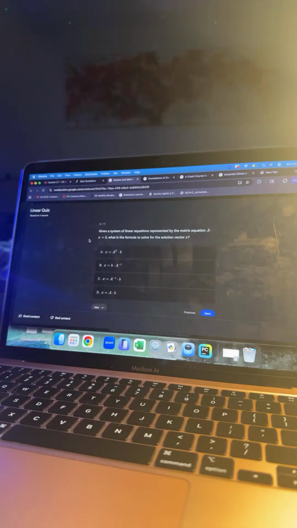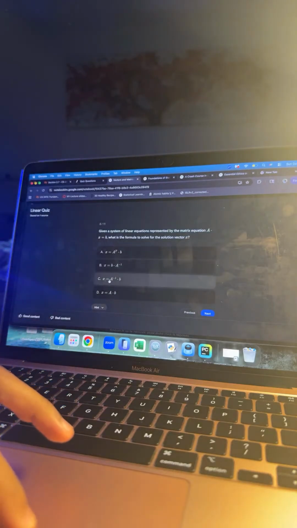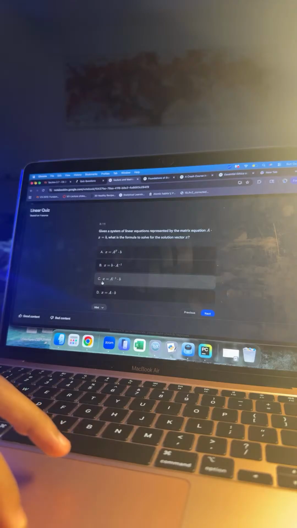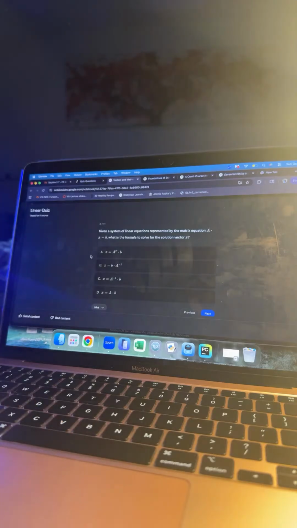Okay, so that means we move A to the other side. That'd be A inverse, right? But why is this... I think it's B then.